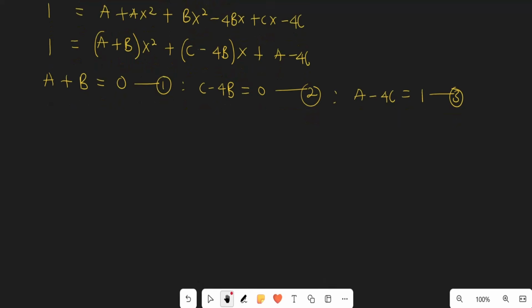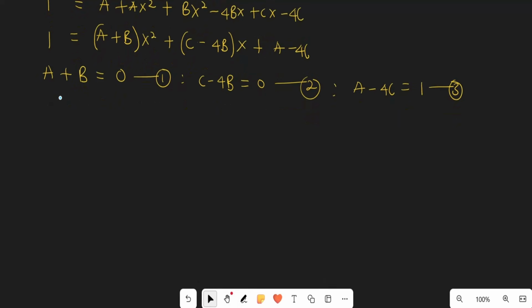And now solving these three equations simultaneously, the values of a, b, and c that will satisfy them will be: a is 1 over 17, b is negative 1 over 17, and c is going to be equal to negative 4 over 17. You can verify that these values are true. That is by putting them in here. You satisfy all the three equations.